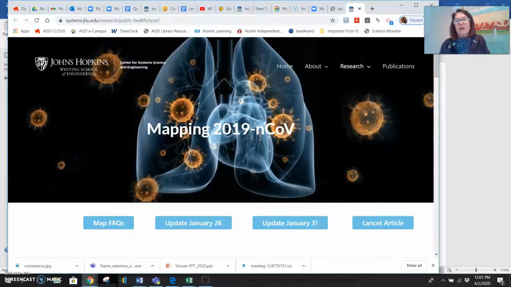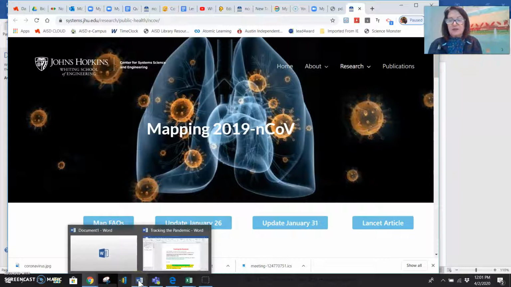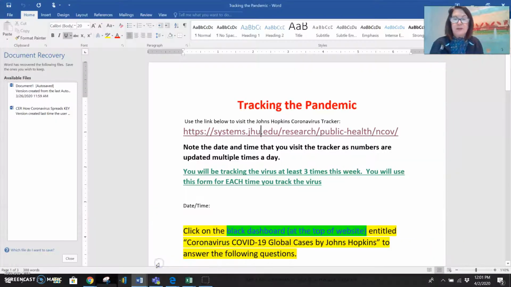This website is tracking the virus every day, probably updating it every half hour or so as it goes. So this is where we're going to be working primarily. If we go back to our paper, it says note the date and times you visit the tracker as numbers are updated multiple times a day.